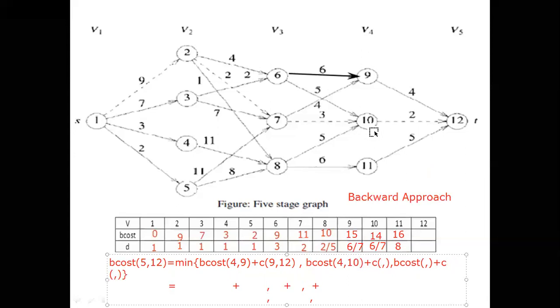C of 10, 12. What is the next B cost value? B cost of 4, 11. What is the C value? It is 11, 12.